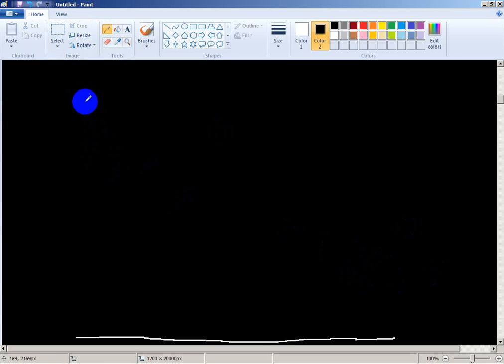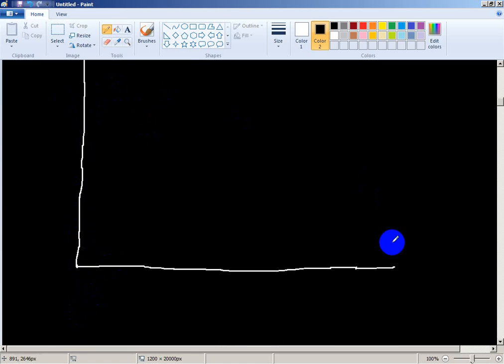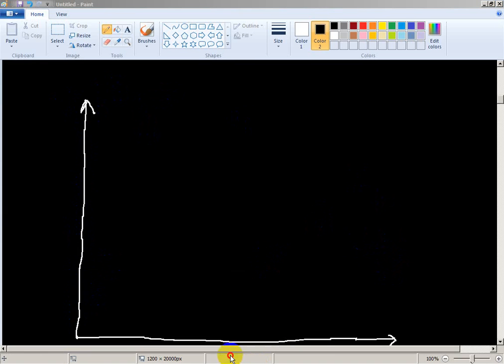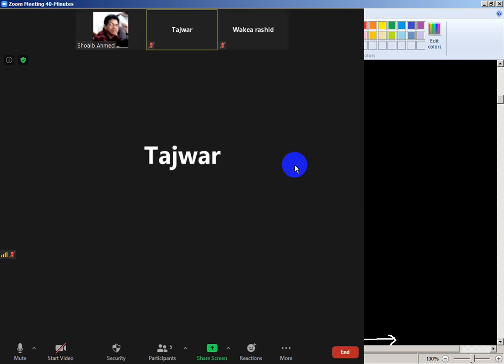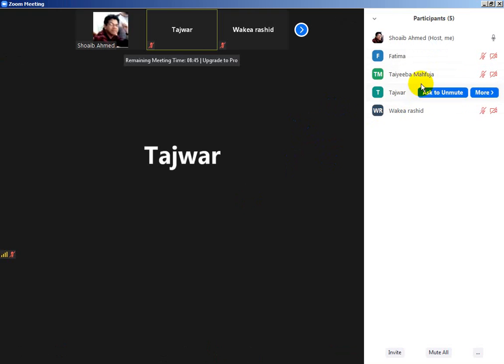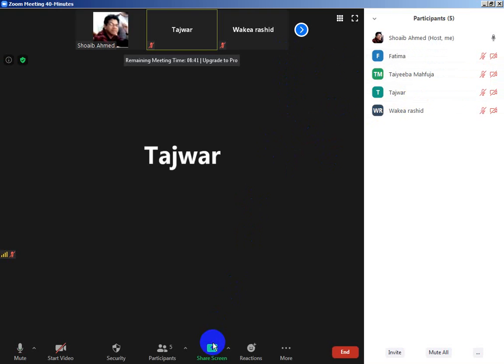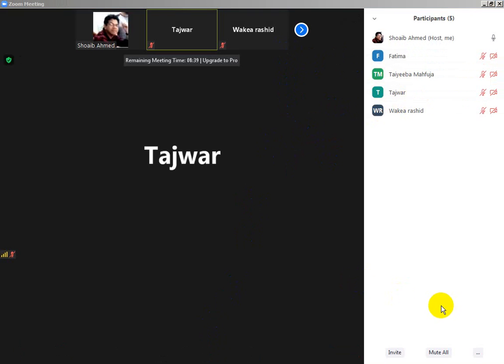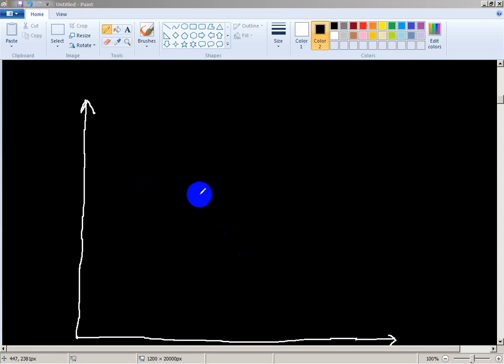Here y-axis. I didn't see any student. How many students are there? There are 4 students. Where's the other student? Okay. So here x-axis.